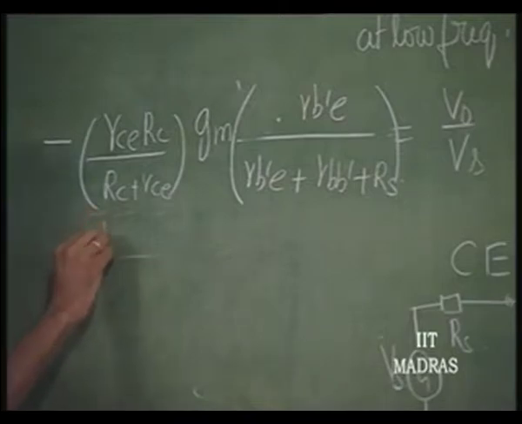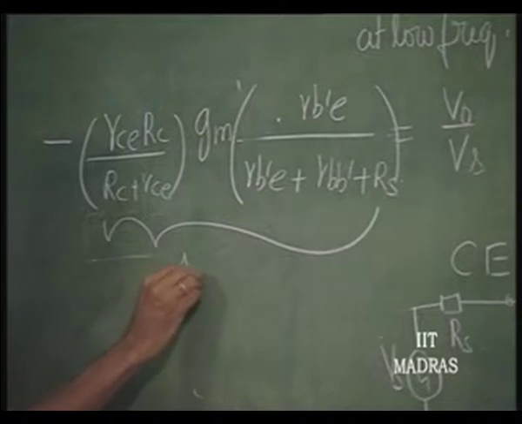So, we will call this A naught, that is the gain at low frequency, DC, indicating A naught. Okay.